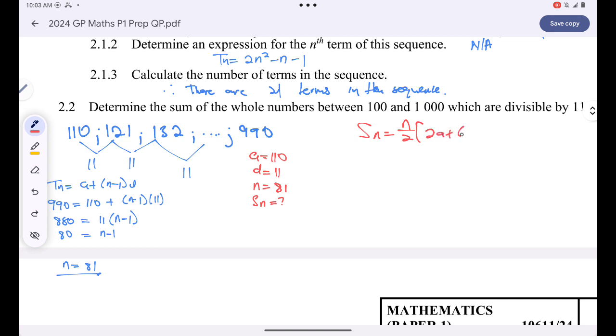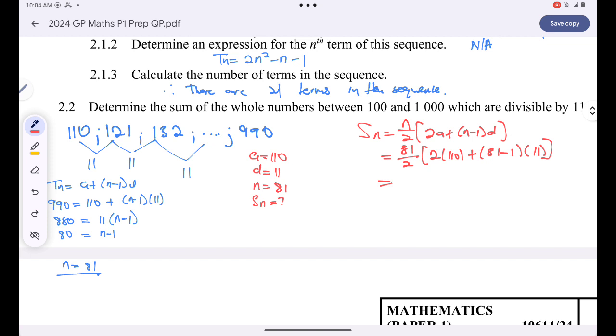I have 2a plus n minus 1 d. That's just 81 over 2 times 2 times 110 plus 81 minus 1 multiplied by 11.